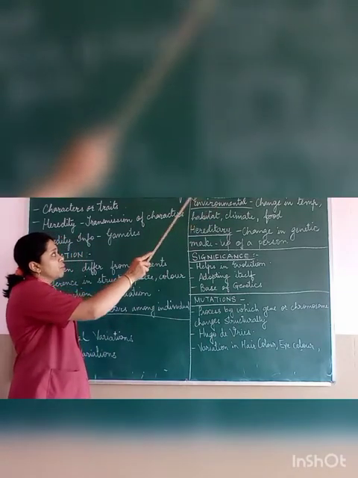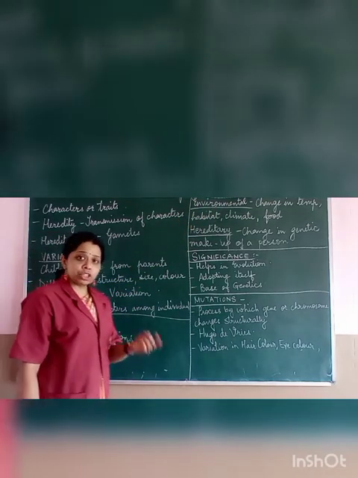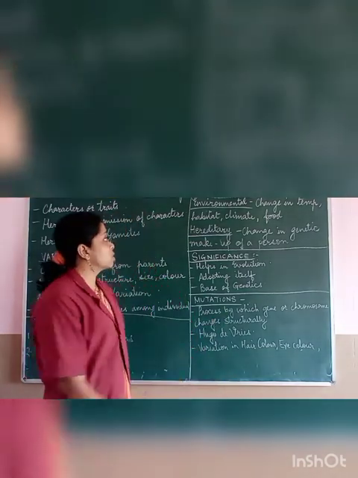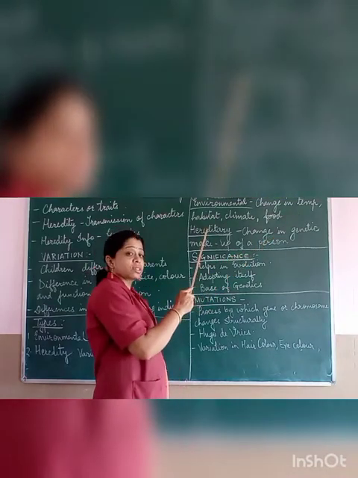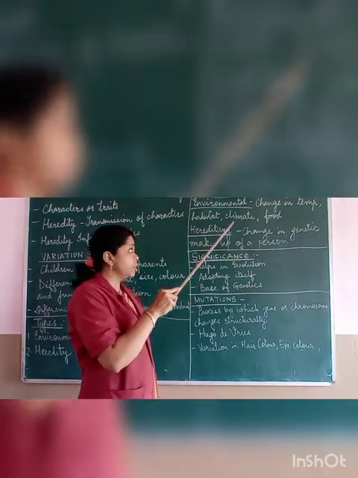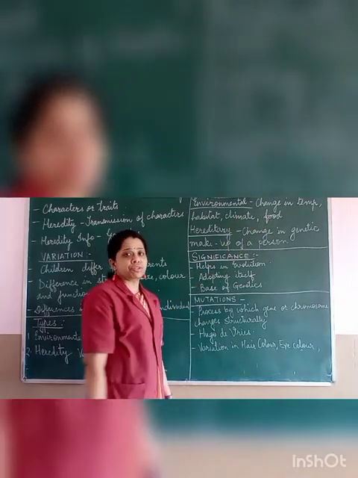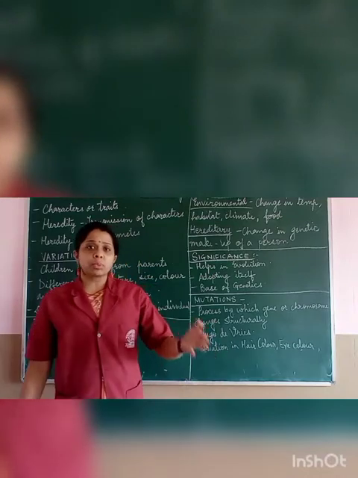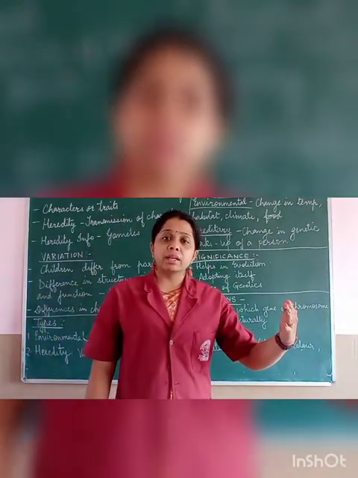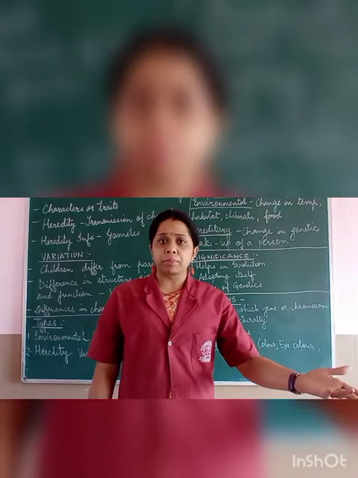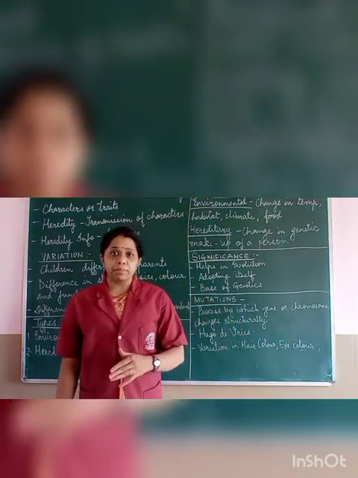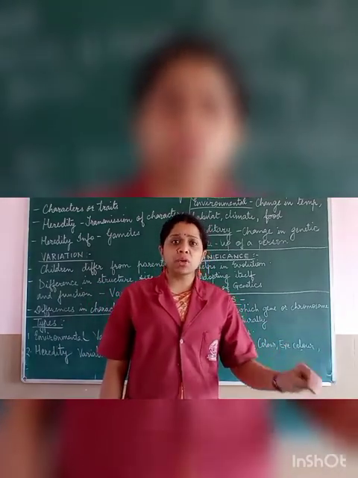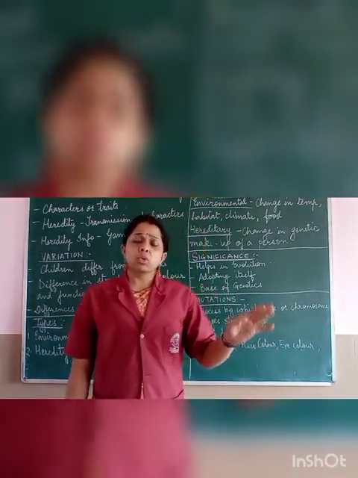What do we mean by environmental variation? These are variations or differences in an individual caused by changes in temperature, habitat, that is the place where you live, climate, and the food we eat. For example, suppose the parents were born and brought up in a cold atmosphere, but their child now lives in a hot, humid climate.